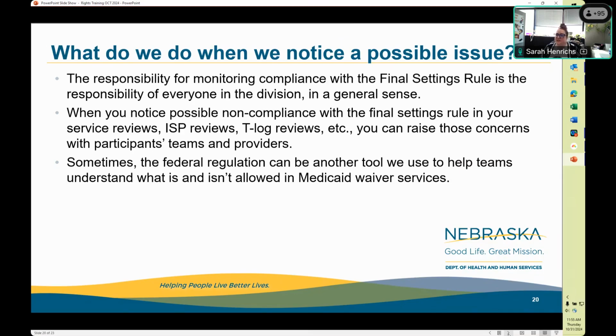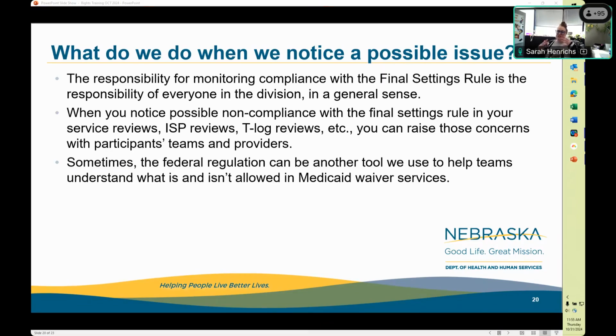But if there is a piece of the final settings rule that directly applies to a concerning or problematic restriction a team wants to put in place, adding that information to the mix helps. You can say, not only is this not allowable under our division policies, there is federal regulation that governs our services in settings like this that says the participant must have access to food at any time, and that can only be modified under these circumstances. Because that isn't the case here, not only is this not allowed under our state policies, it is not allowed under federal Medicaid regulation as well.